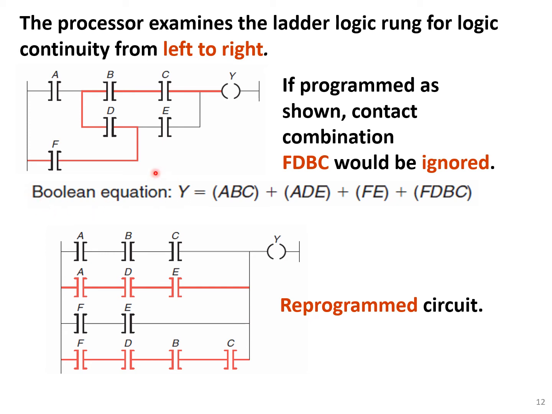So this is the Boolean equation, and you see that we have also that FDBC in the mind of the programmer. Yes, so it was in the mind of the programmer, but the programmer just programmed it wrongly. So the equivalent could be this one.